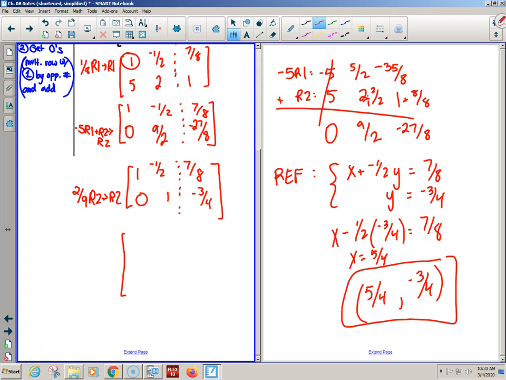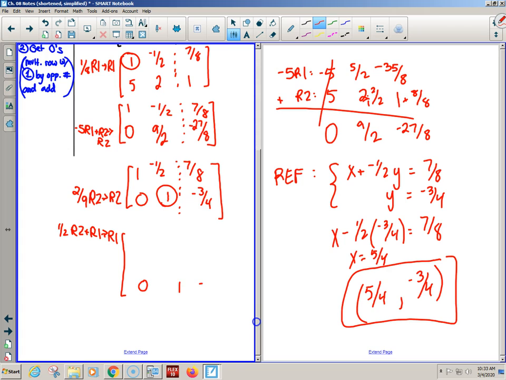You don't just go to row echelon form, you go to reduced row echelon form. What if we went ahead and got a 0 in the other place and got all the way to an identity matrix? 1/2 row 2 plus row 1 into row 1. What if we took that established 1 that we just got, we multiply by the opposite and add?